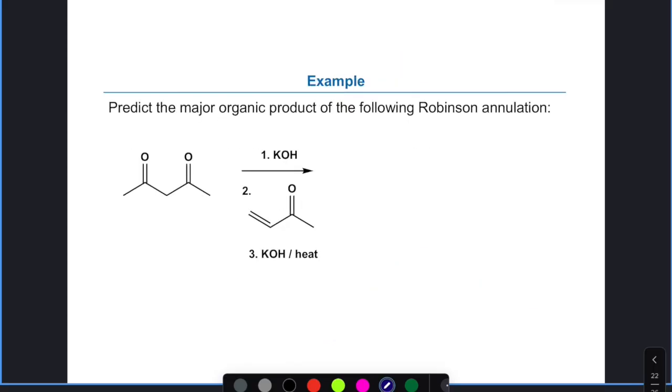So let me walk you through this one. Step 1, we're going to do our enolate generation. Step 2, we have our electrophile. My nucleophilic center here is going to grab the electrophilic center over here.